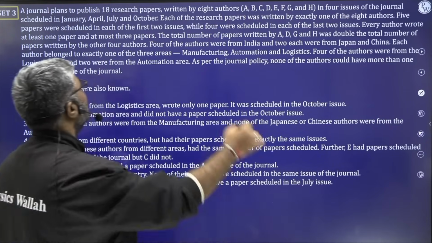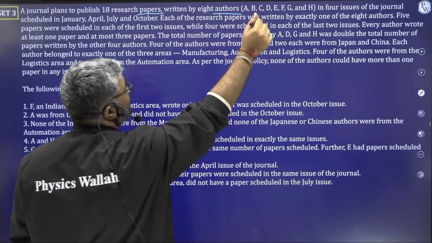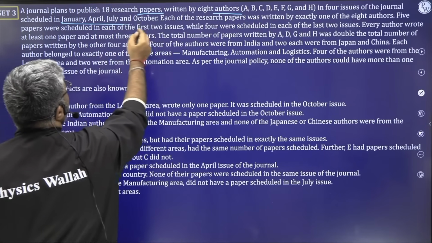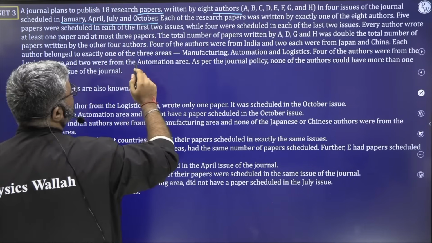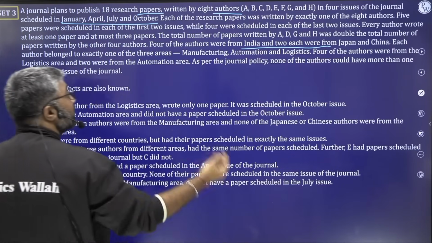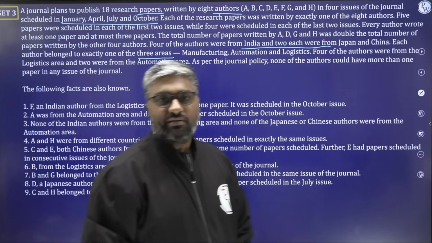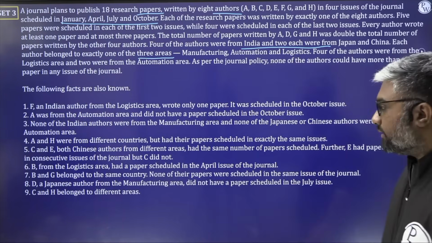We have papers, we have authors, then we have the edition. Yeah, we have 4 editions. Then we have which country they belong to. Yes, the country they belong to. Then we also have which area they belong to. All right. So keeping in mind these 5 factors, should you be choosing this or not is up to you again. Yeah.